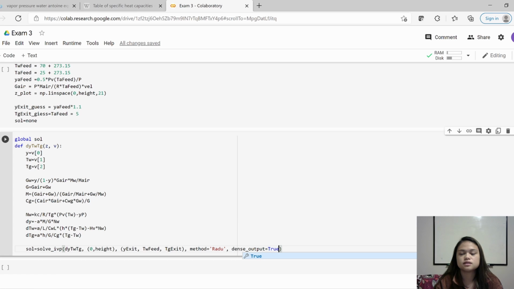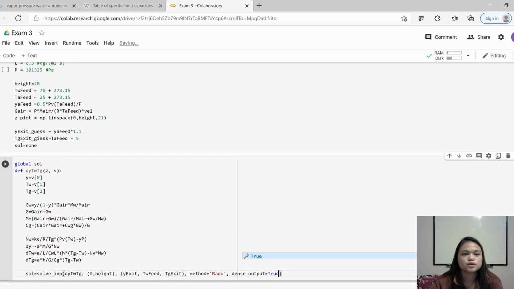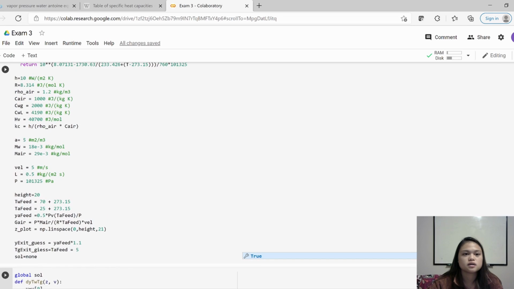So then what we need to do now is set up some locations to solve our solution. We want to evaluate our solutions at zplot, which I think we did up here.